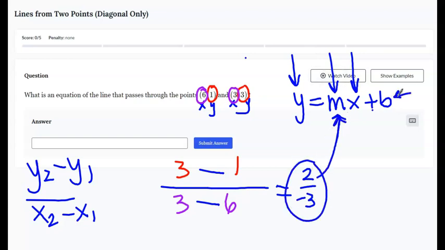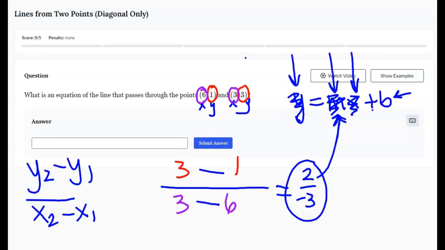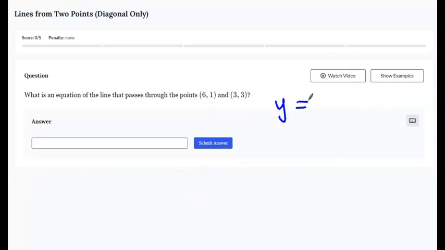Now, in order to find the b value, I have to erase and replace all 3 of these numbers. So right now I know, I'm going to clear all my writing. Right now I know that m is, what was it? -2/3. So m is -2/3.